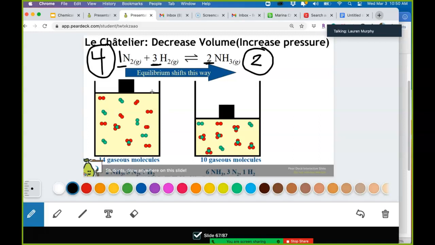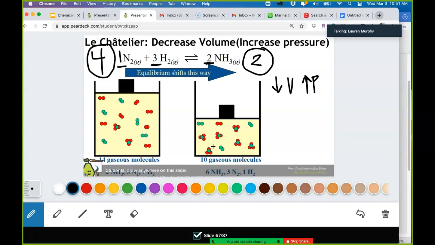So if I take this container, and this is a piston right here that can move, and I push it down, right, because gases are compressible. If I push it down, I've decreased the volume. If I've decreased the volume, I have increased the pressure, right, because there's less space for them to move around in, so they hit the walls of the container more often.